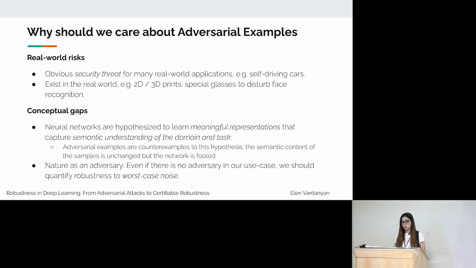And so when we have these adversarial examples, even though the semantic meaning does not change, we see that neural networks sometimes perform poorly in their field. Also, we do have nature as an adversary as well. So even if there's no one creating this fake data that wants to fool our model, we still should be robust to the worst case, just natural noise.